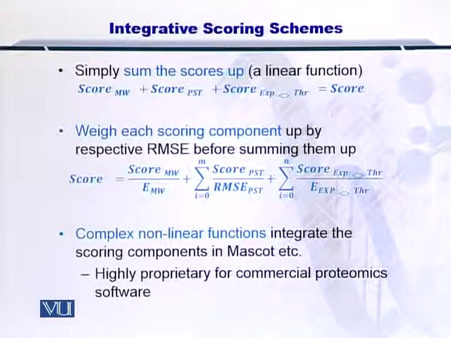For instance, in Mascot from Matrix Science, they use an extremely complex non-linear function, and mostly these highly proprietary software are not made public. So what you can do is design your own scoring scheme and contribute towards the research as well.